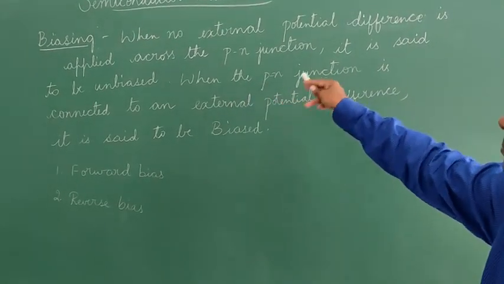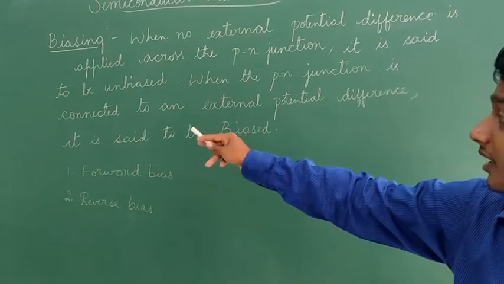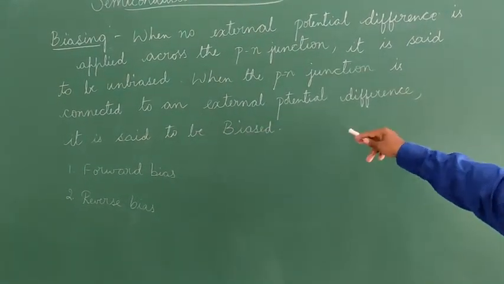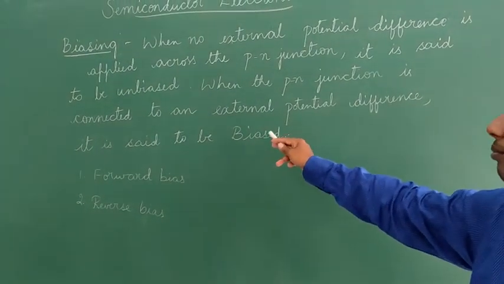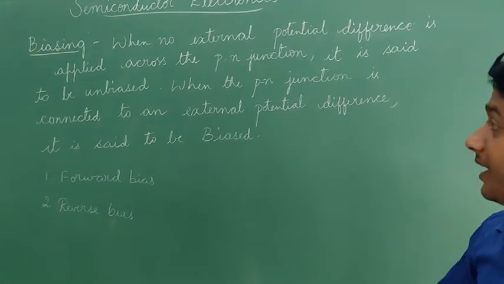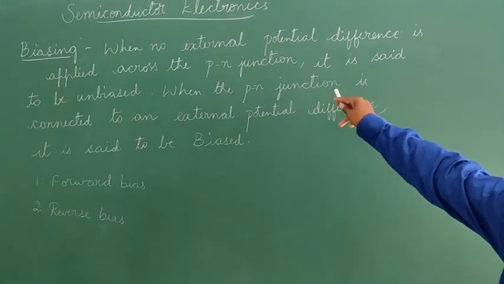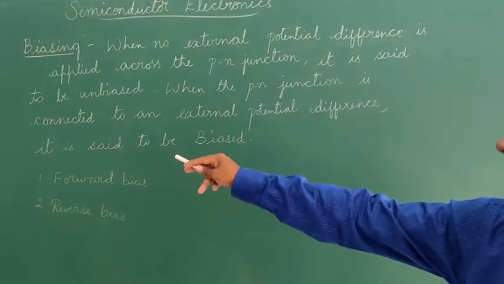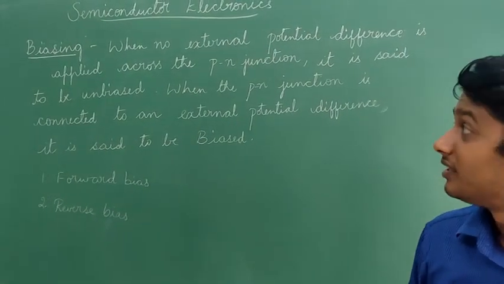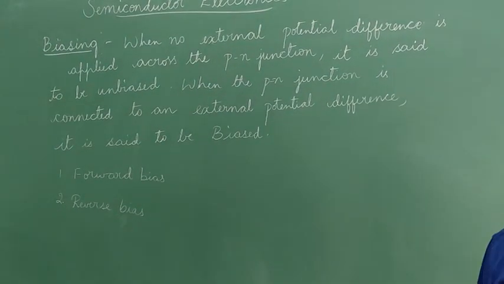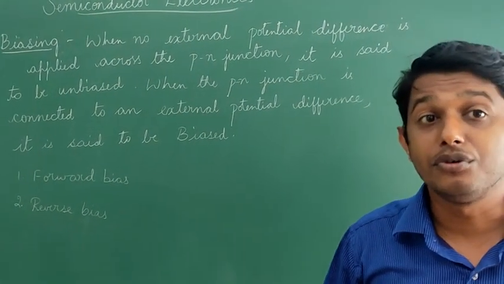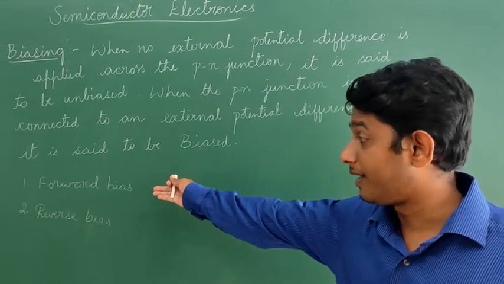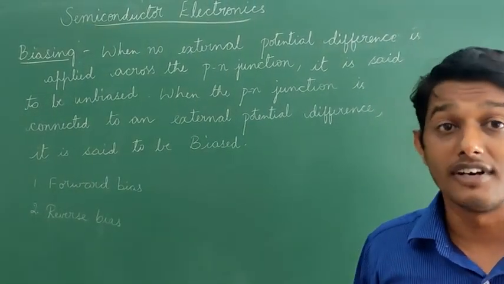But when the PN junction is connected to an external potential difference, it is said to be biased. Biasing can be classified into two types: forward bias and reverse bias.